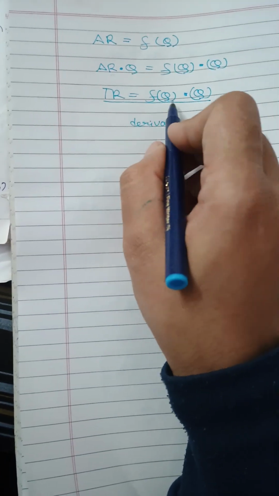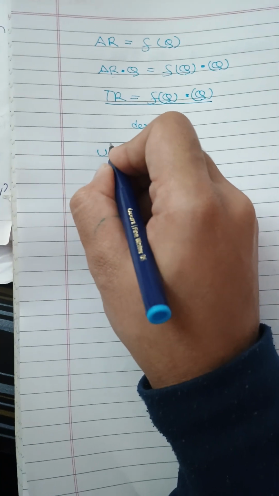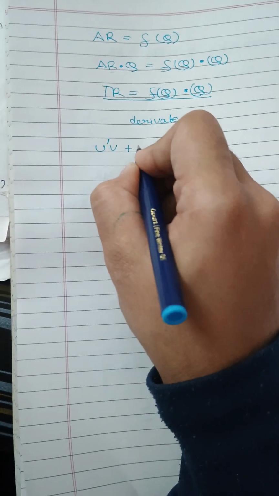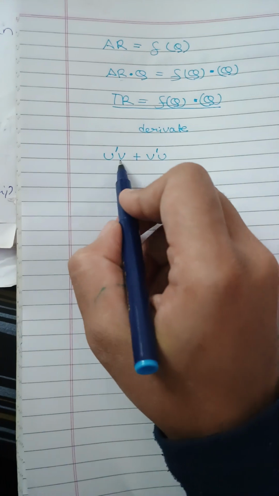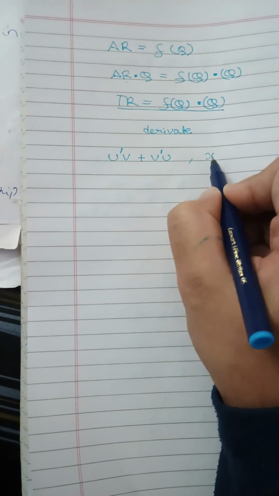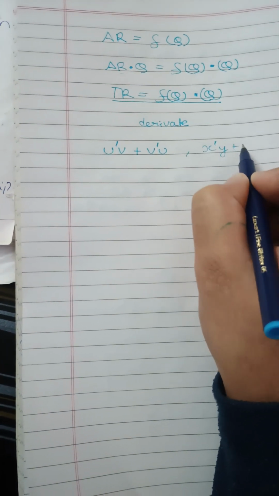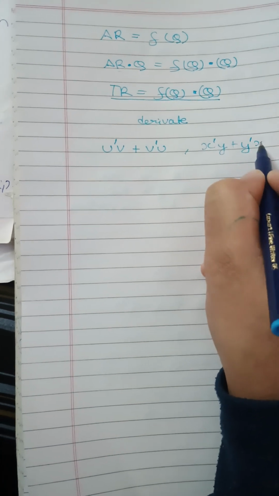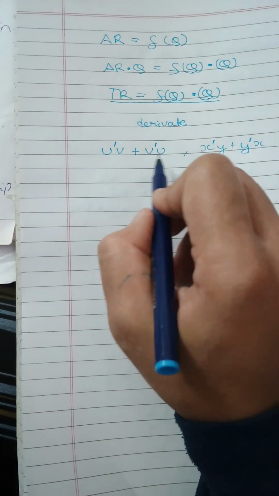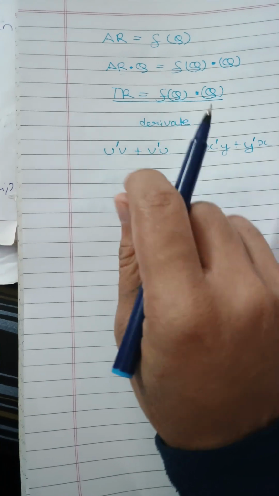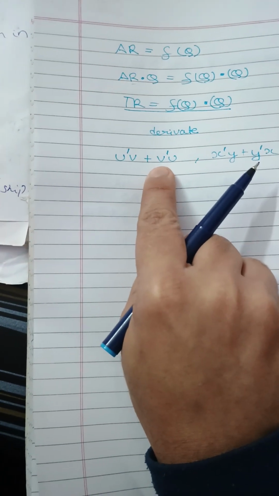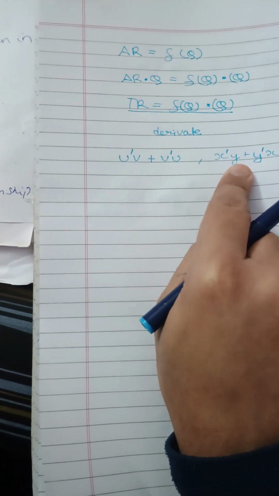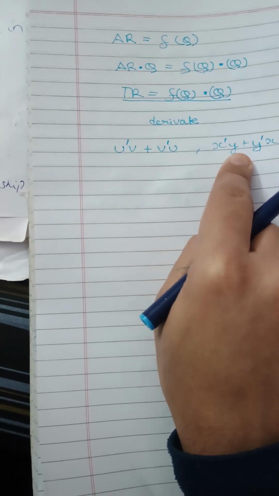What is the product rule? U dash V plus V dash U, or you can also write it as X dash Y plus Y dash X. It always depends upon your understanding. If you are very thorough with this, use this, or if you are thorough with this one, use this.